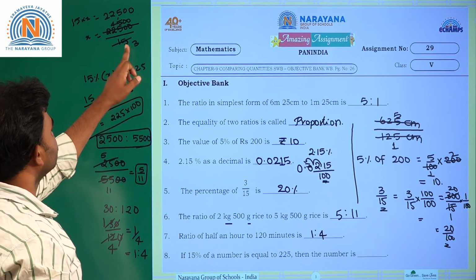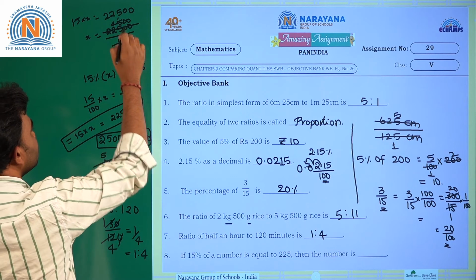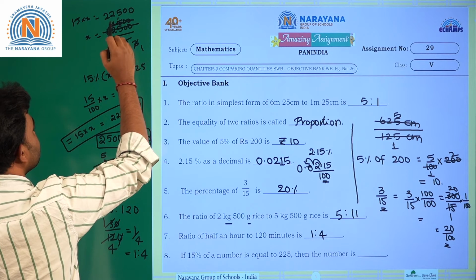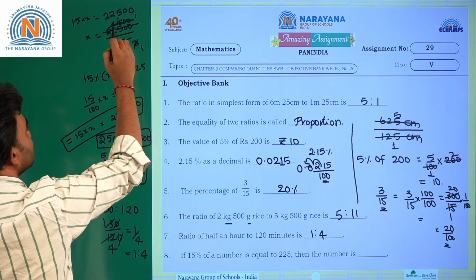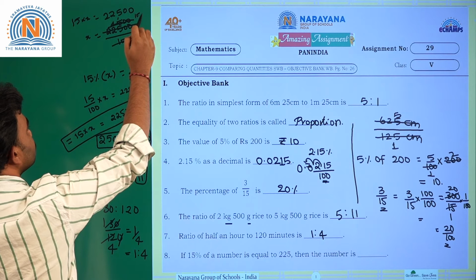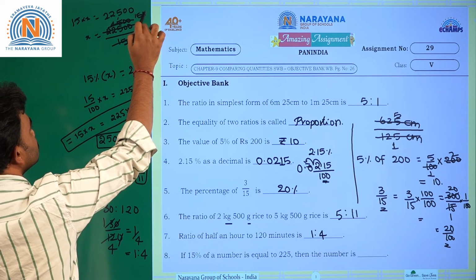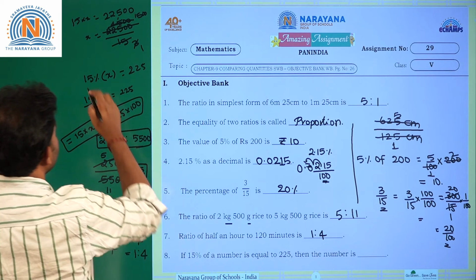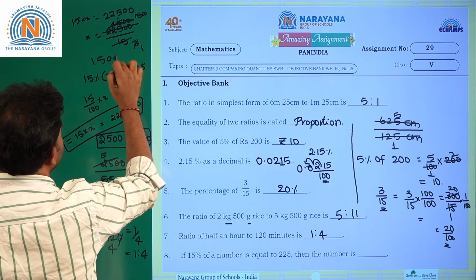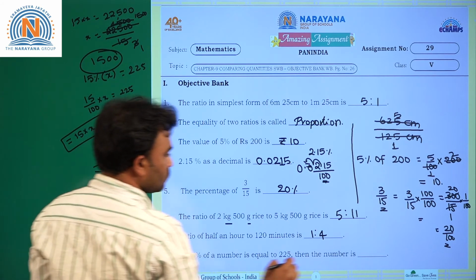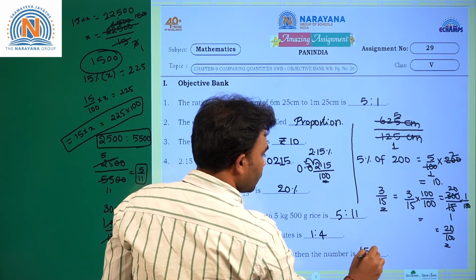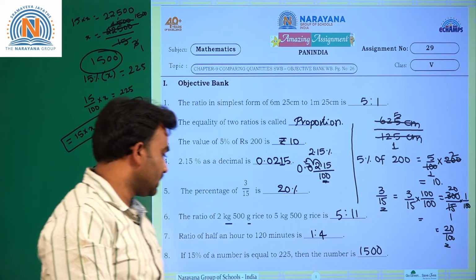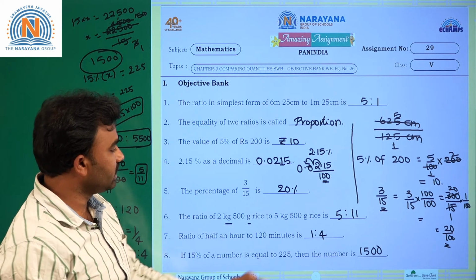Now 4 plus 5 is 9, so it can be divided by 3. 3 ones are 3, and 3 ones are 3, 1 will be left. 3 fives are 15 and 0 0. So the answer is 1,500. So 15% of 1,500 is equal to 225.